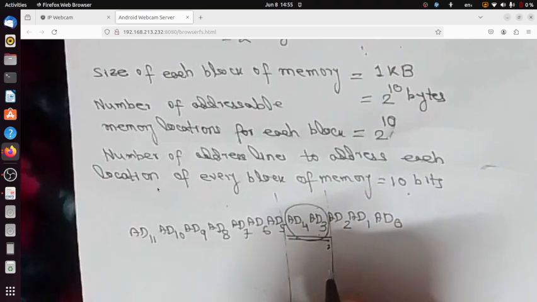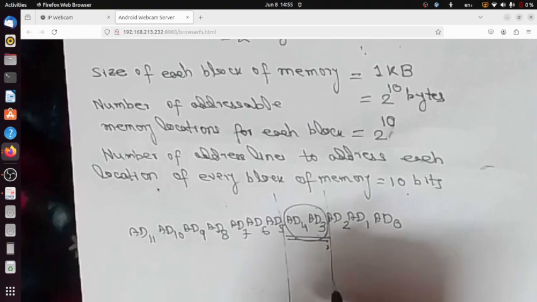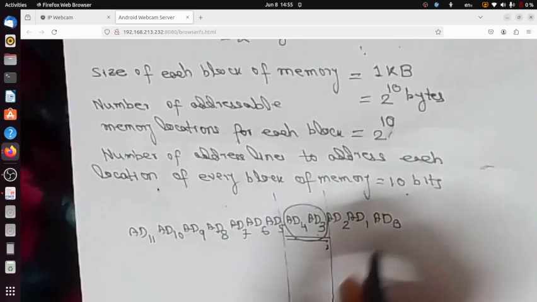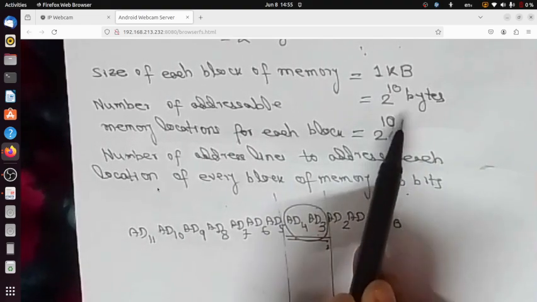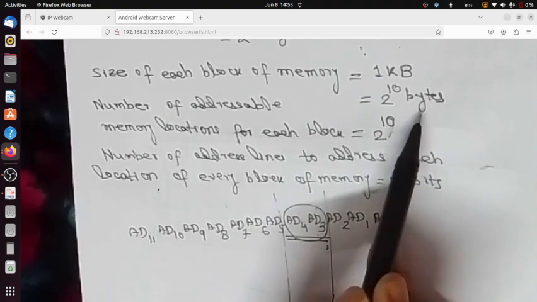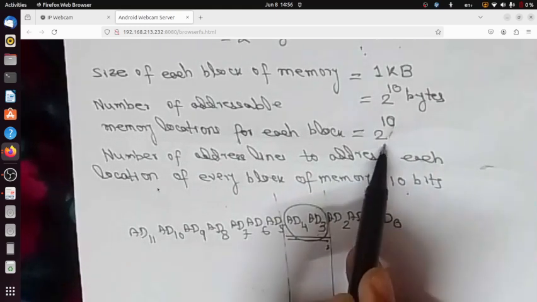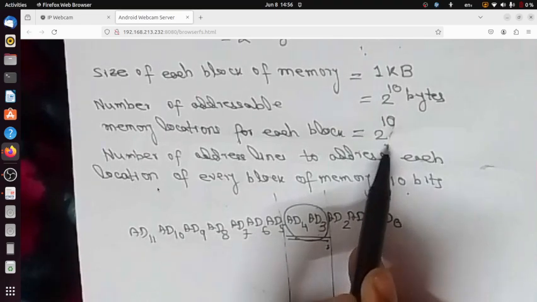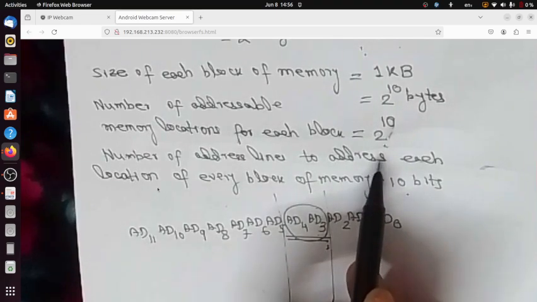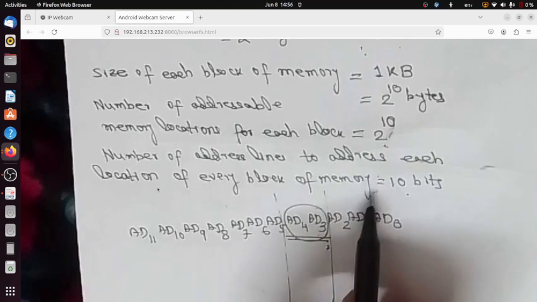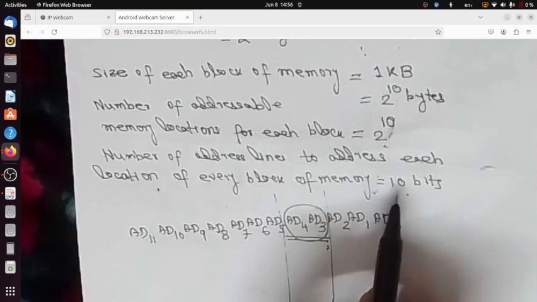Now the question is, as we know, the size of each memory block is 2 to the power 12 bytes. So the number of address lines to address each memory location of every block will be 10 bits.